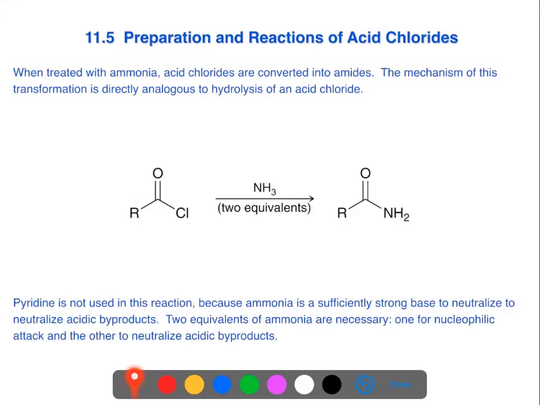Now, in this particular case, pyridine is not required because ammonia, as long as we use 2 moles of ammonia for every 1 mole of acid chloride, is sufficiently strong as a base to neutralize any acidic byproducts. So long as we have that 2-to-1 ratio, 1 for nucleophilic attack and 1 to neutralize acidic byproducts, we can carry out this reaction in the absence of any additional species, i.e. pyridine.